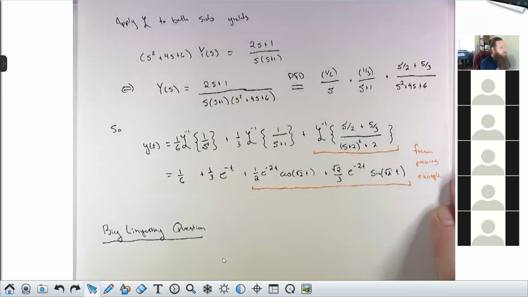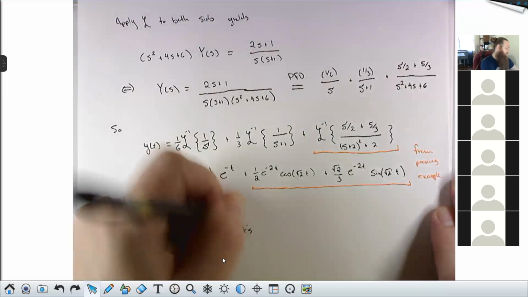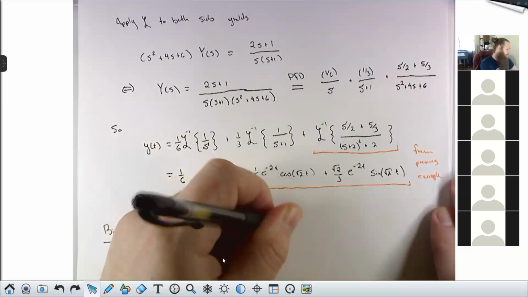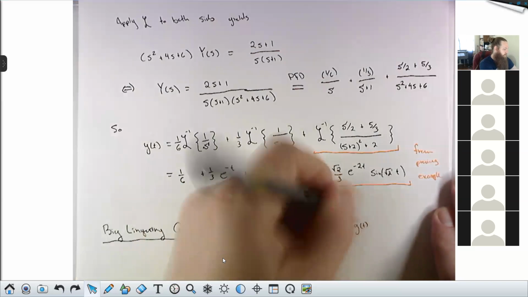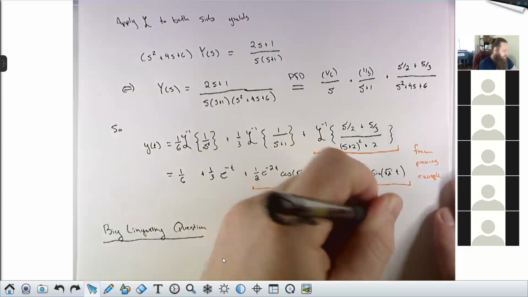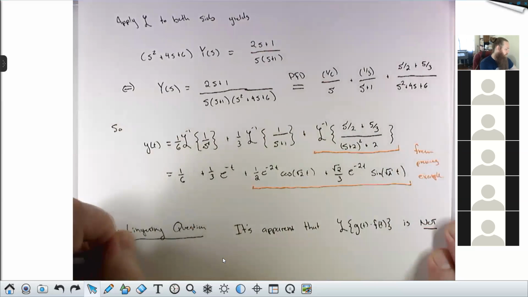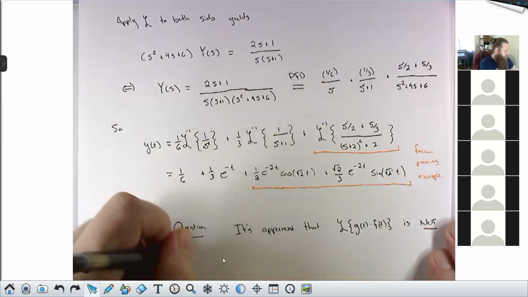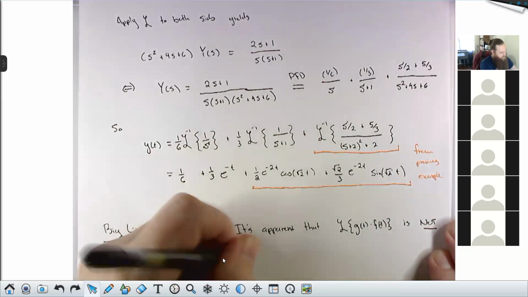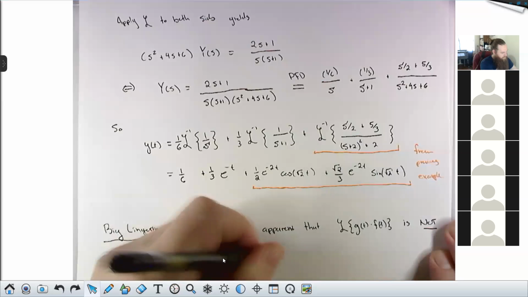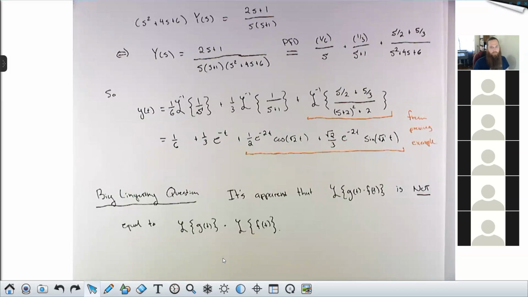I'll say it's somewhat apparent that the Laplace transform of the product is not equal to the product of Laplace transforms. I'll let you check if it's not obvious to you.